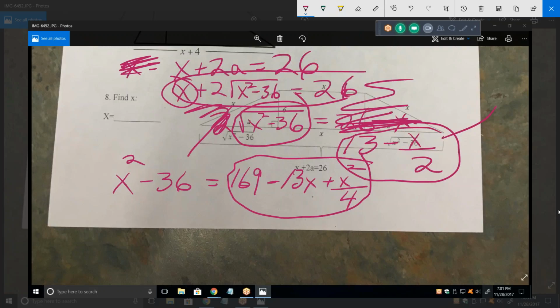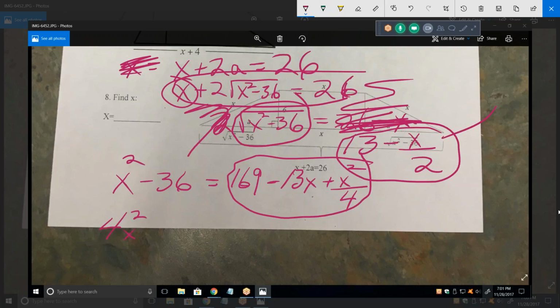It's going to say 3/4 x squared. So to avoid that, let's get rid of this denominator. How do I get rid of that denominator? By multiplying every term in the equation by 4. And that gives me this.